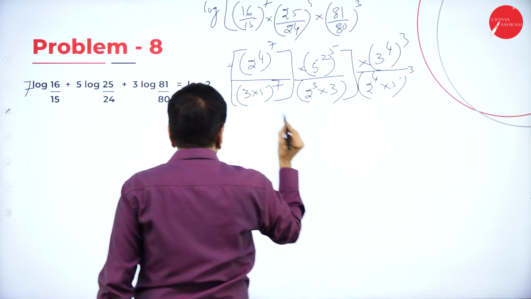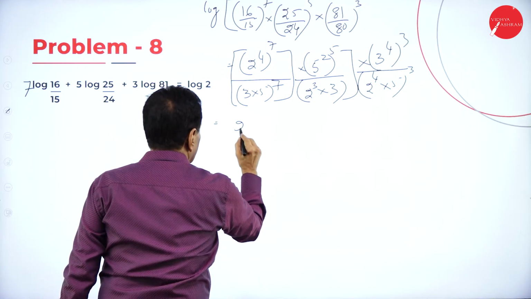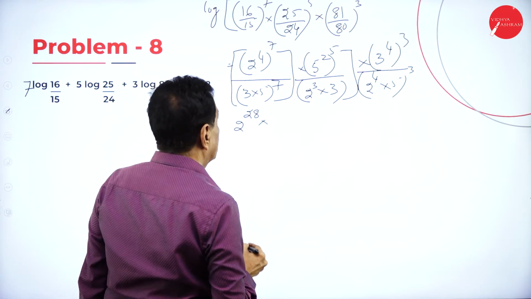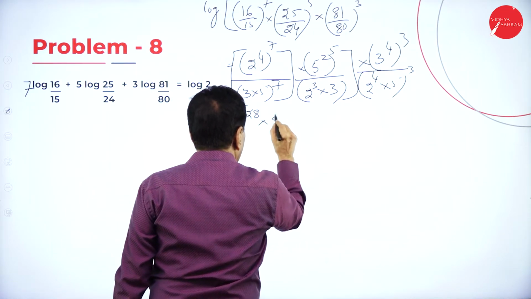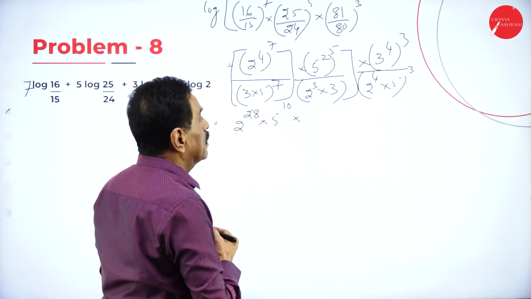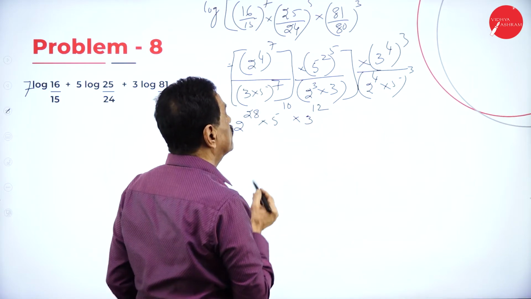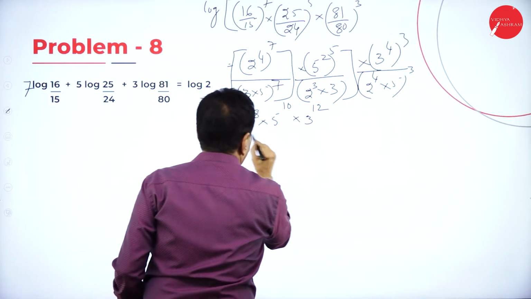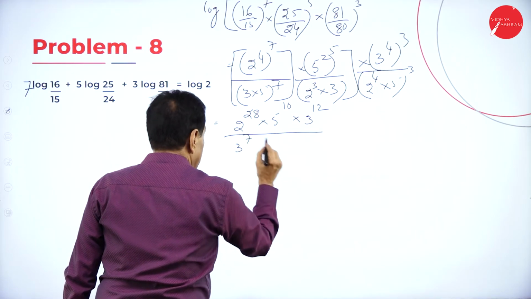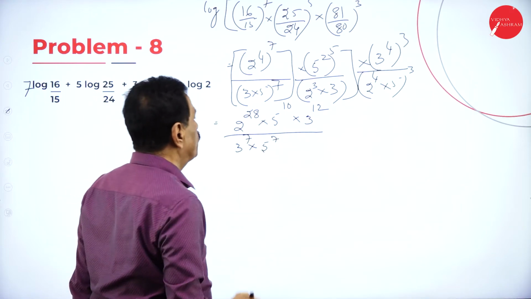Simplify, slowly simplify. This can be written as 2 to the power of 28 into 5 to the power of 10. This is 3 to the power of 12 divided by 3 to the power of 7 into 5 to the power of 7.